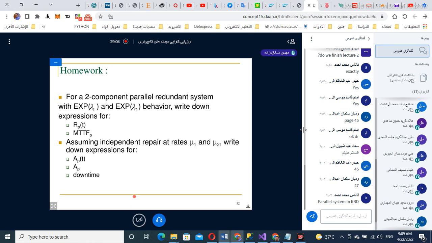Another homework: for a two-component parallel redundant system with exponential lambda 1 and exponential lambda 2 behavior, write down the expression for Rp(t) and MTTFp. Assuming independent repair at rates mu1 and mu2, write down expressions for Ap(t), Ap, and downtime. That is the homework.